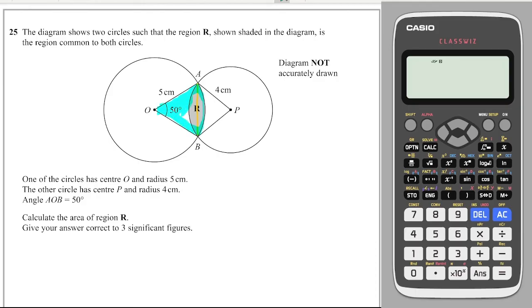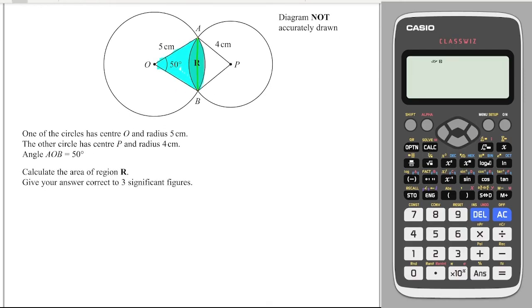Okay, we're going to look at this sector. Now that sector is equal to 50 over 360 multiplied by pi r squared, where r is 5, so that's times by 5 squared.